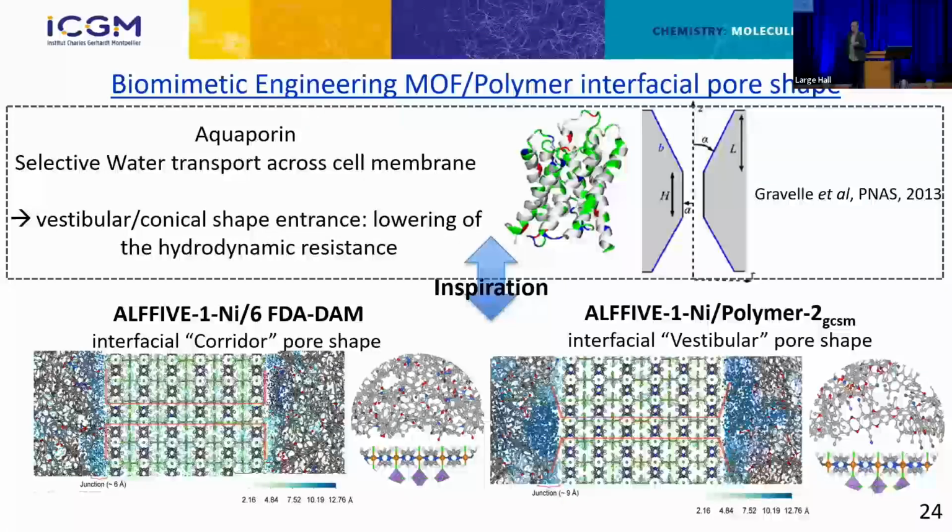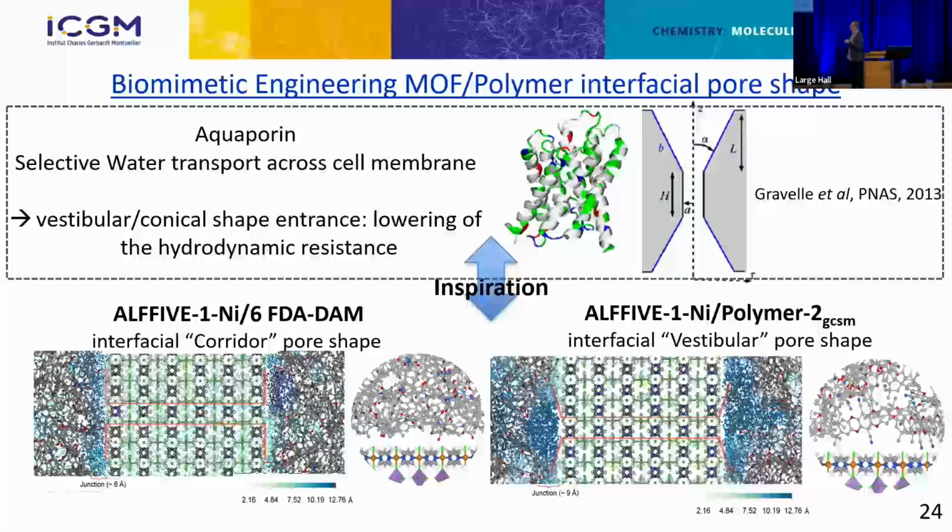Here the idea is to try to mimic this kind of environment to allow a smooth transition from the polymer to the entrance of the MOF, to improve the transport of the gas from the polymer to the MOF. You remember that I showed you the corridor section, which was not perfect to allow the molecule to align along the MOF entrance.